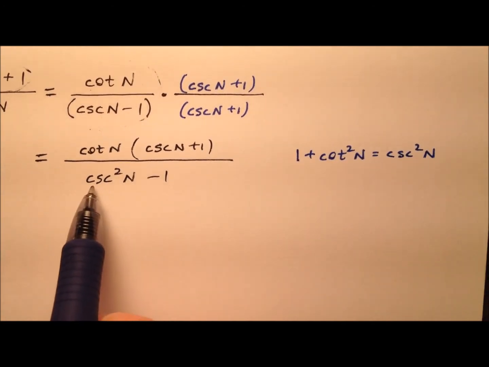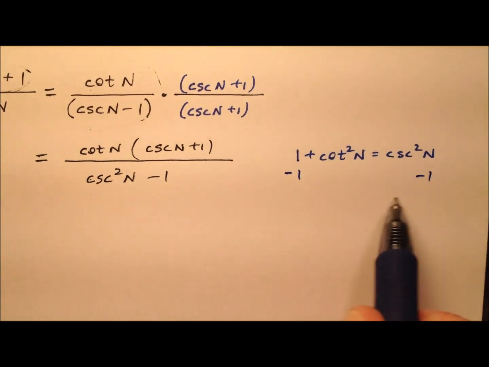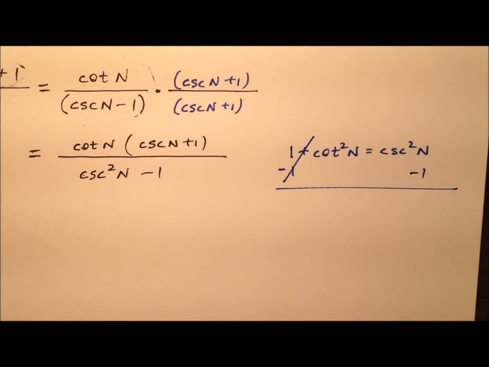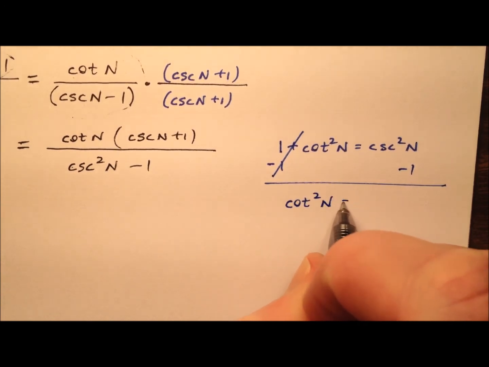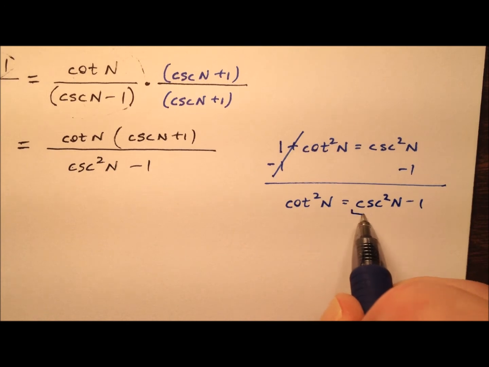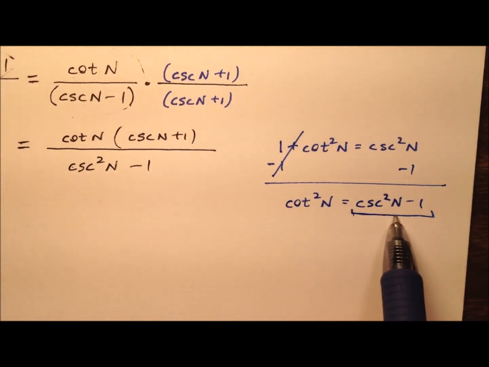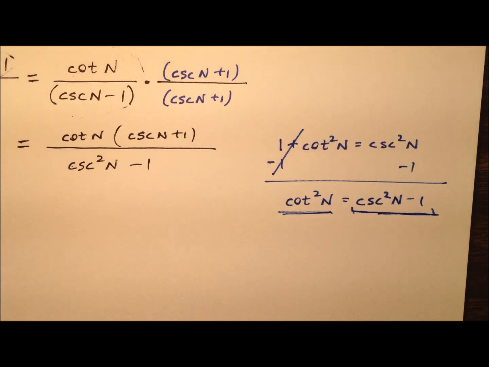I need this to look like cosecant squared n minus 1, so let's subtract 1 from both sides of this identity. We get cotangent squared n equals cosecant squared n minus 1. So this is the denominator that we have, and this is the substitution we can make.